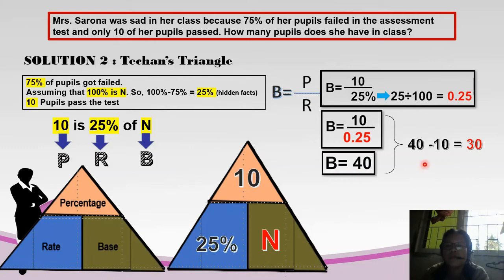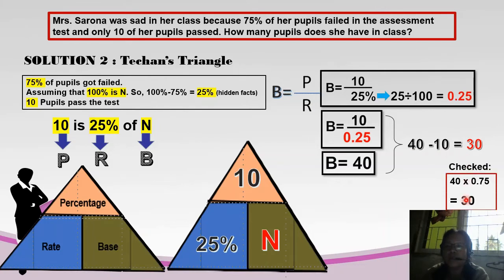If the base is 40, then since we already have 10 pupils who passed the test, we subtract the 10 pupils who passed the test from the total number of pupils, 40. So 40 minus 10 equals 30.